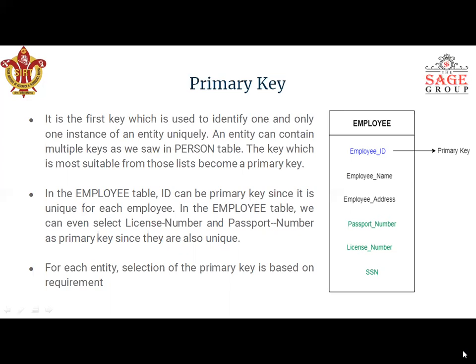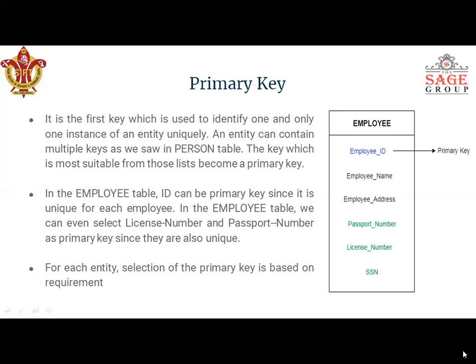An entity can contain multiple keys, as we saw in the person table. For example, if we see this employee table, we have 6 columns: employee ID, employee name, employee address, passport number, license number, and SSN number. In this table, employee ID is the primary key.